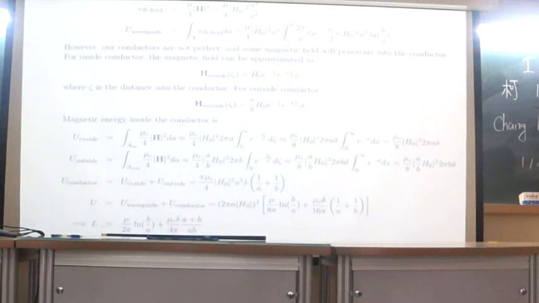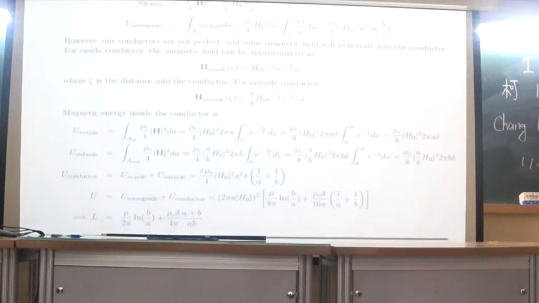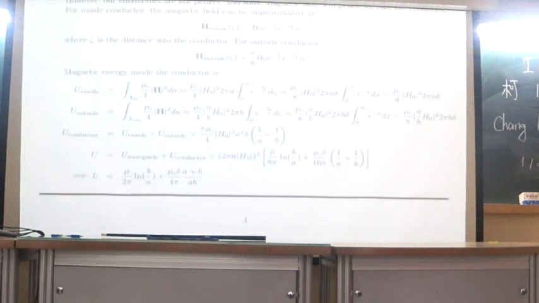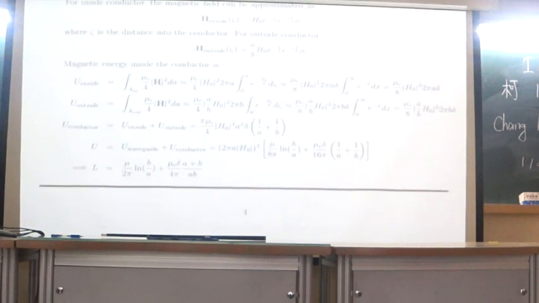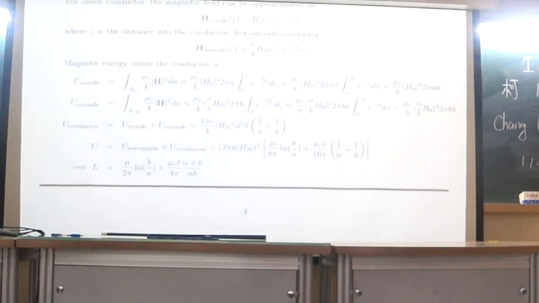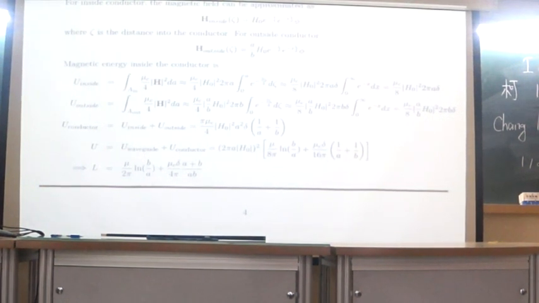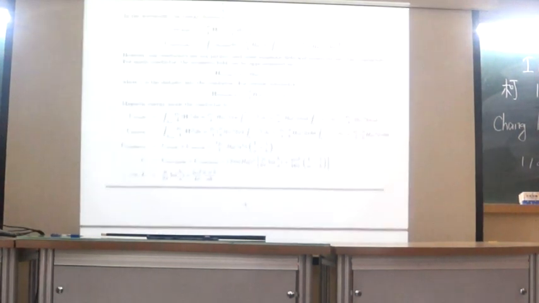Mu is the dielectric's permeability, and mu c is the magnetic permeability in the conductors. Then you can find L, the inductance in this system, in this form. And this is problem 8.2.